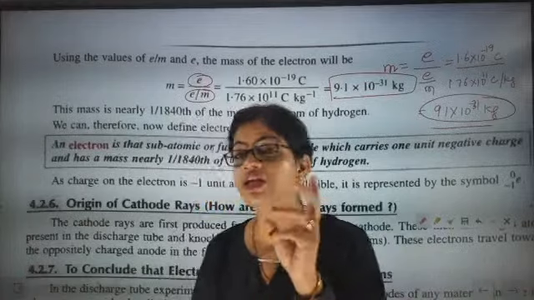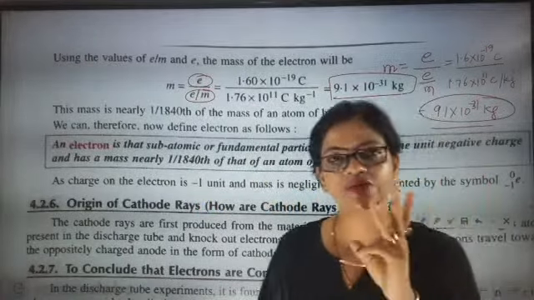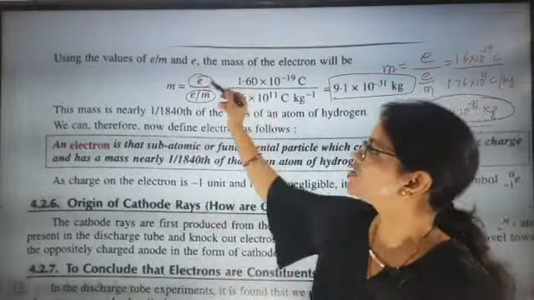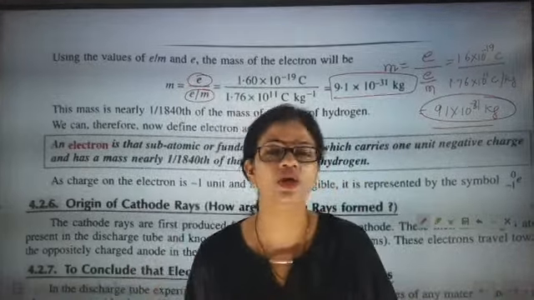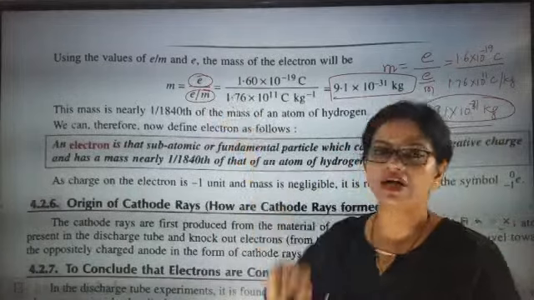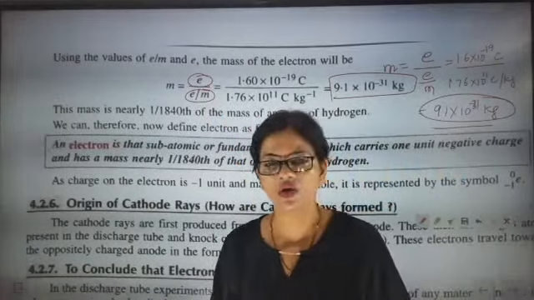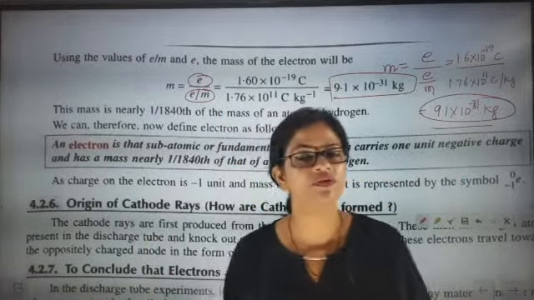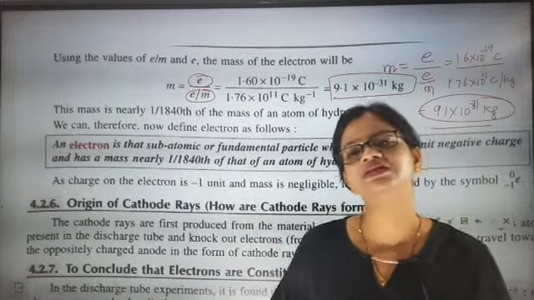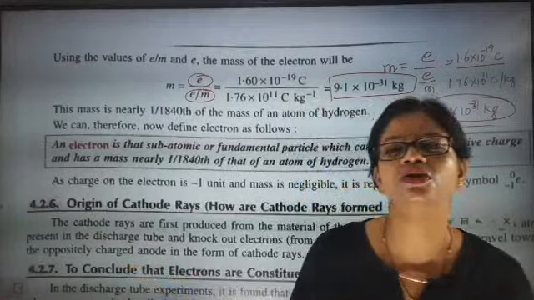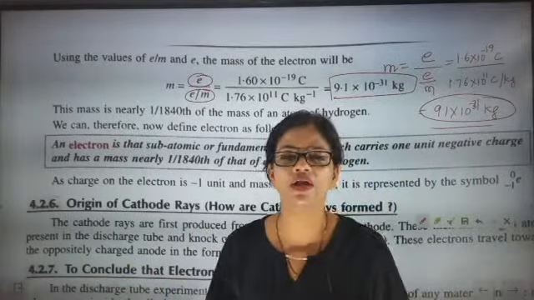So we got three important values. First important value was charge, that is 1.6 into 10 to the power minus 19 coulomb. Then we got charge by mass, 1.76 into 10 to the power 11 coulomb per kg. Then we got mass, and mass is 9.1 into 10 to the power minus 31 kg.